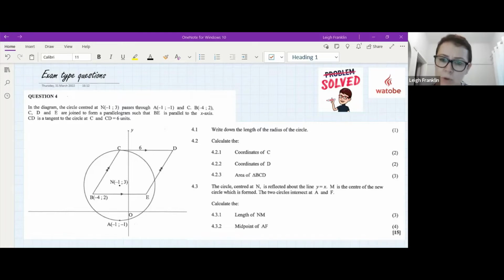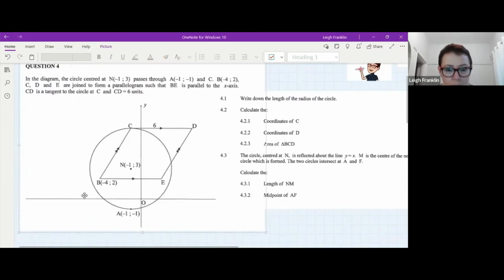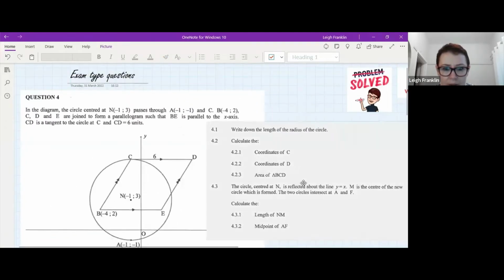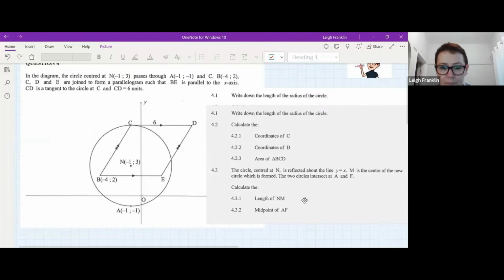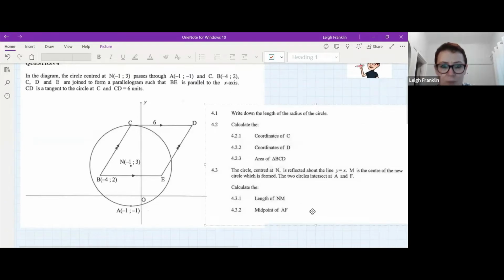Anybody want to tell me what they think the length of the radius is, if you're looking at this diagram? Hopefully it's big enough. Ooh, I made it a whole lot bigger. Anybody? Any ideas of where we should be looking? Is it 3?